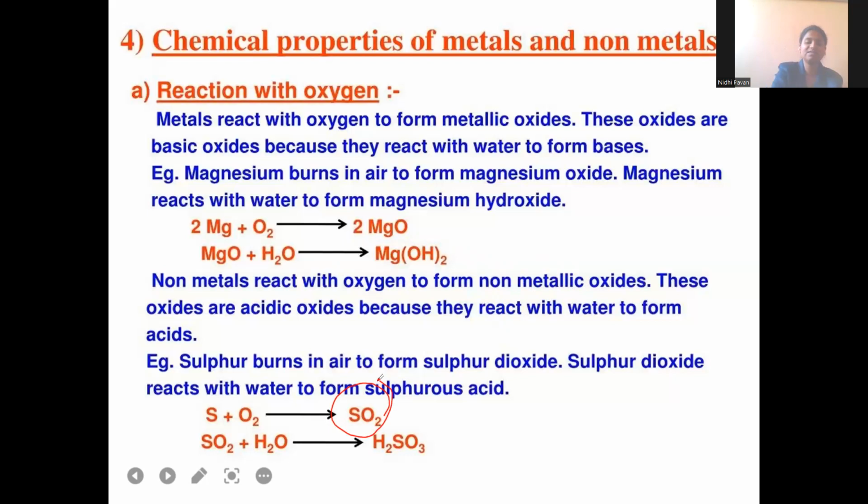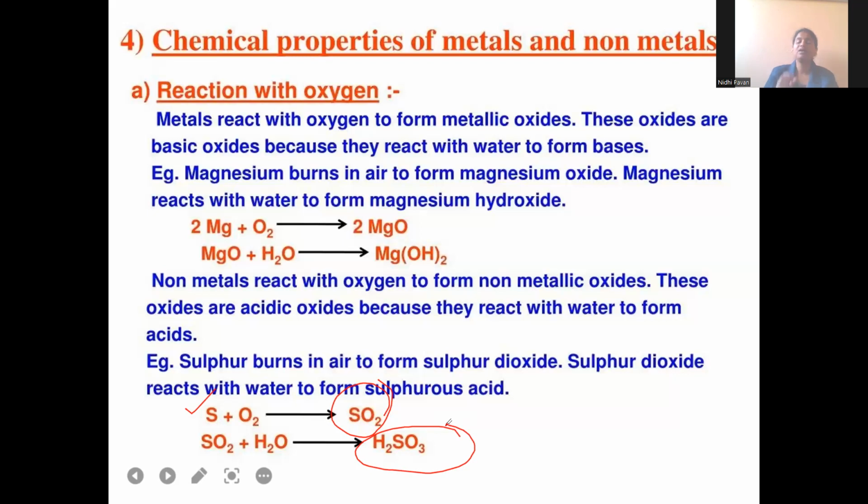For example, see here, sulfur is a non-metal. When sulfur reacts with oxygen, we will get sulfur dioxide, which is a non-metallic oxide of sulfur. When this sulfur dioxide is dissolved in water, we will get sulfurous acid, H2SO3. H2SO4 means sulfuric acid. So here when sulfur dioxide reacts with the water, it converts into sulfurous acid.